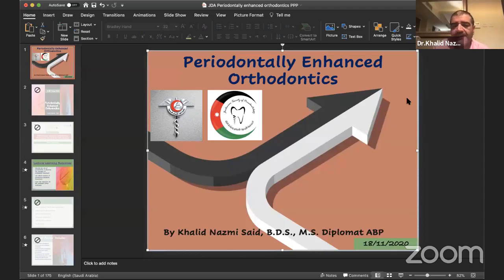But usually, the other thing is we leave the crest of the bone intact. We don't start decortication at the crest of the interdental bone. We have to leave 2 millimeters of bone coronal to our margin of decortication, especially if we're using precision.